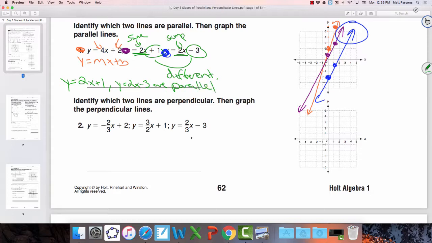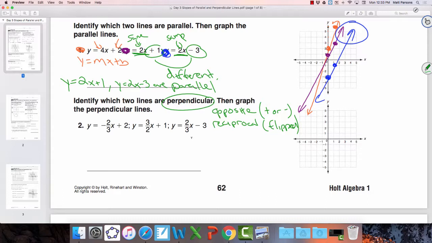In my next equation, I'm going to do the same thing, but what I'm looking for in perpendicular is opposite, meaning positive or negative, so one's positive, one's negative, and reciprocal, meaning flipped. Flipped means I'm going to take my slope and flip it over.